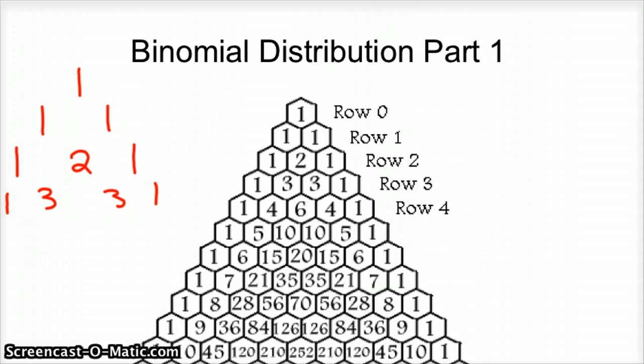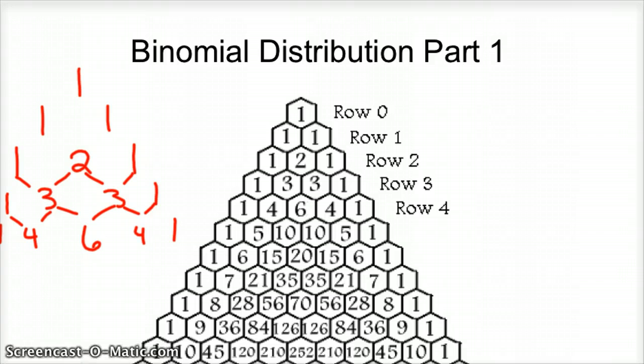And what's happening in Pascal's triangle is we add the two previous to get the next one. And then we'd go 1, 4, 6, 4, 1. And so 3 plus 1 is 4, 3 plus 3 is 6, 3 plus 1 is 4, and on down the line. Well, we want to know why that is.